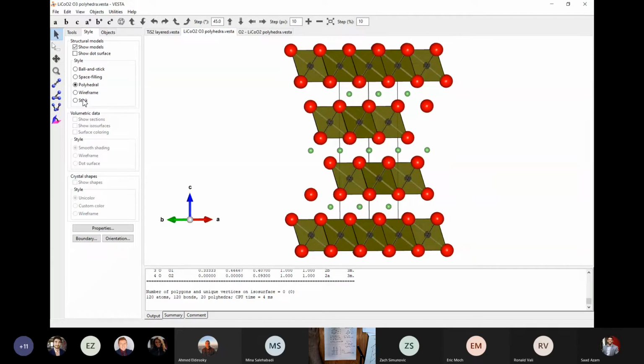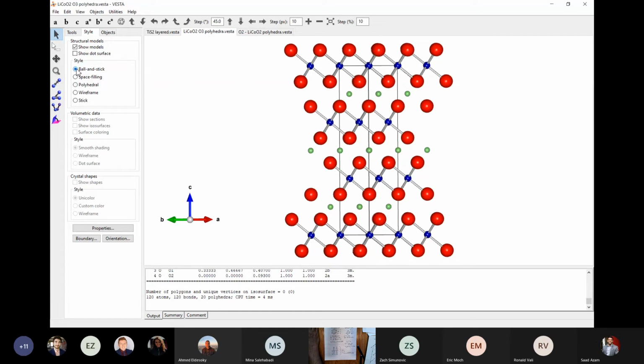Also, this software is nice because you can view the structure like this, and then you really see these lines that I draw between the oxygen, the transition metal, and the oxygen. You see these lines that I like to draw. Okay, so I'm going to go back to the PowerPoint now.